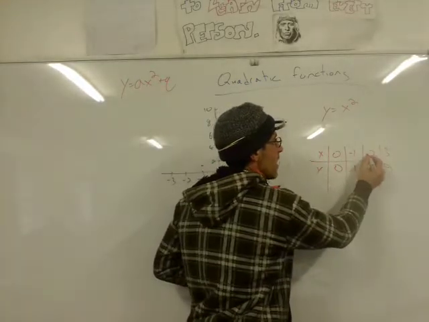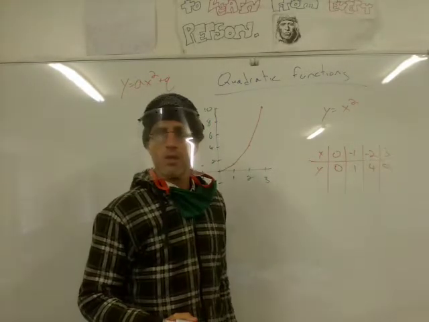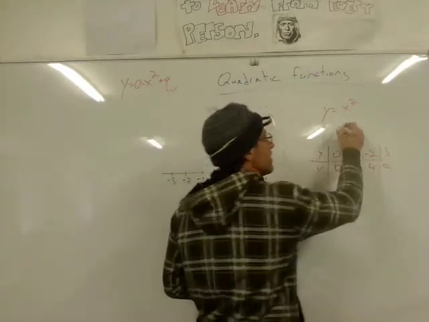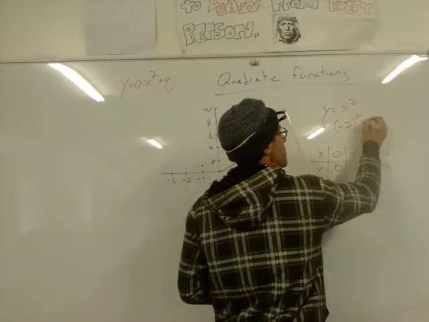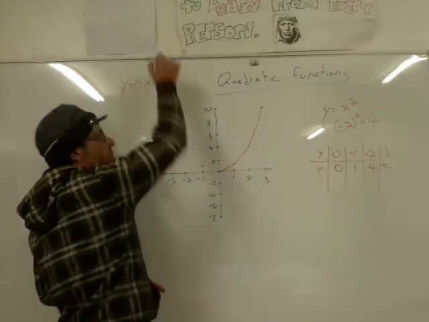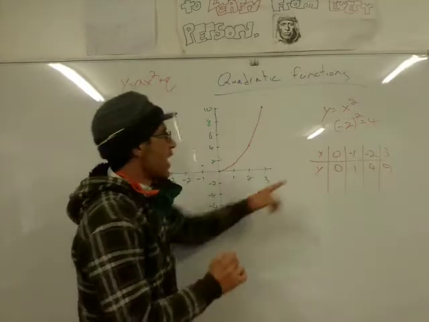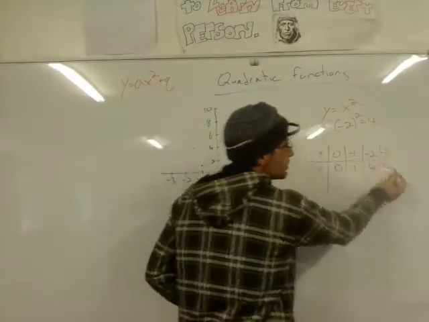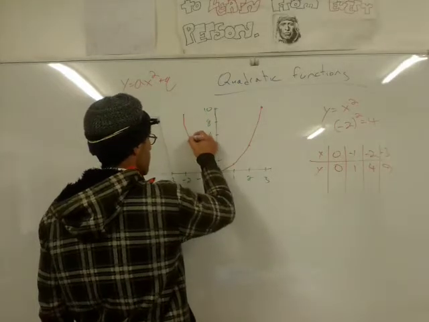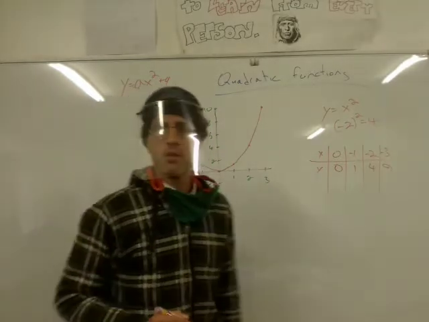When x is minus 2, it will still be positive, because minus 2 squared is 4. You yourself mentioned it's going to be the same shape. And when x is minus 3, y will still be positive 9. So we've got that little smiley face.